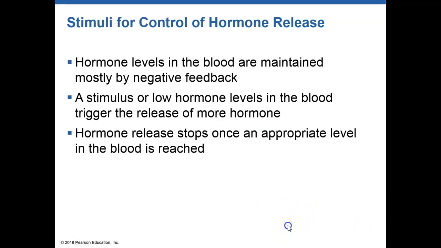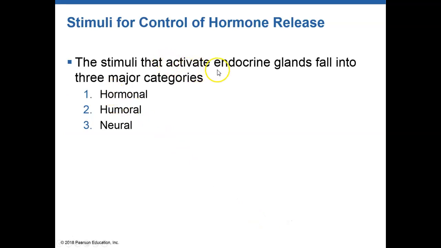There are three basic mechanisms that activate hormone release. So we have hormonal control, which is the most common form of endocrine release. And then we have humoral control, which is changes within our blood levels of some chemicals.